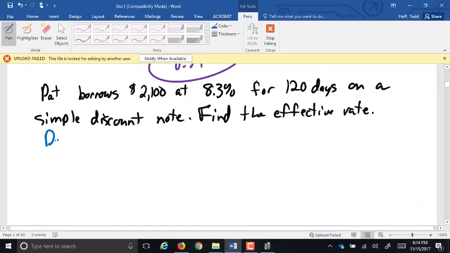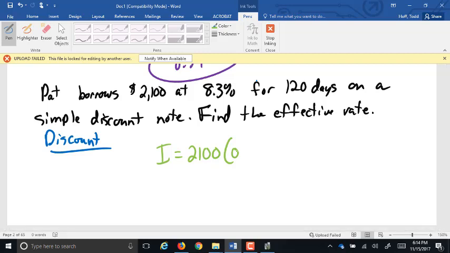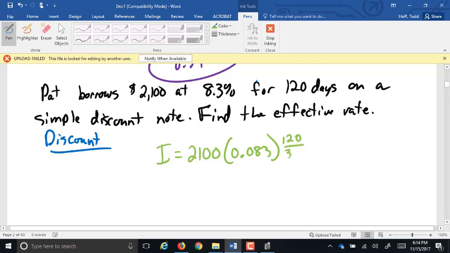So we find the discount. How do I do that? So I equals $2,100 times 0.083 times 120 over 360.